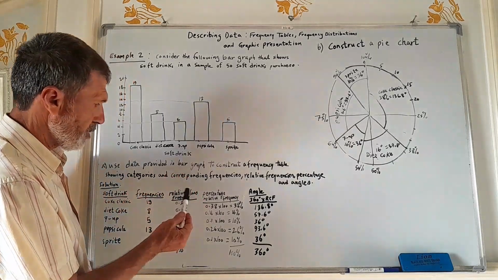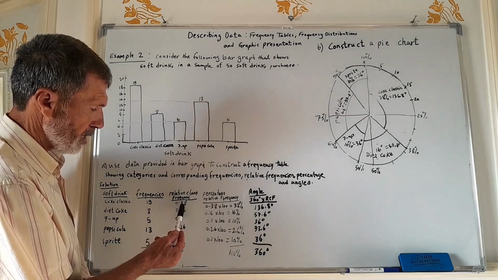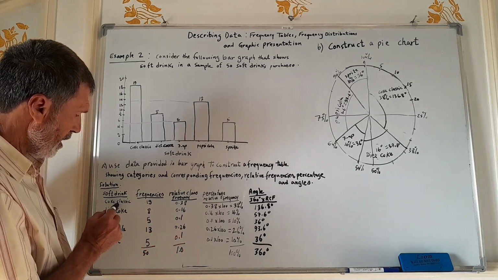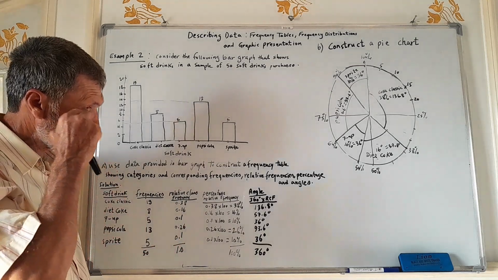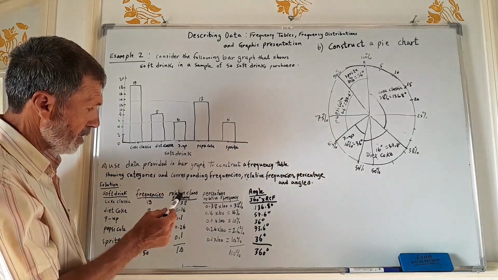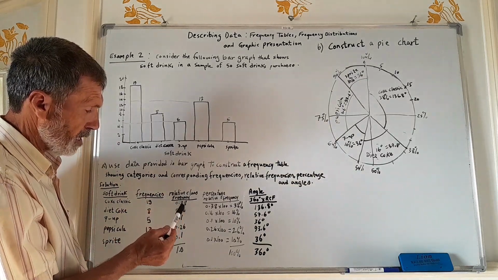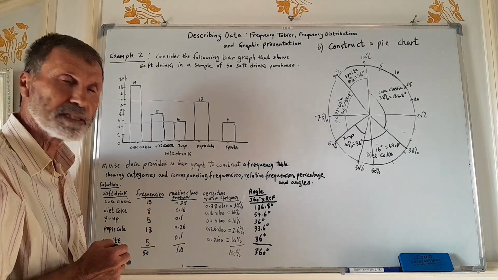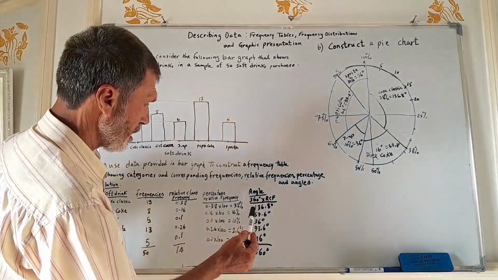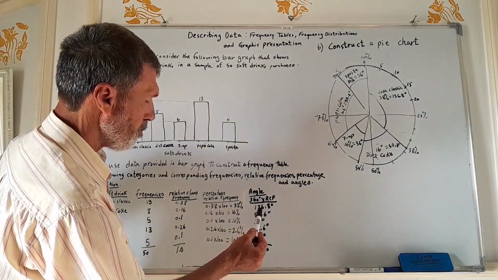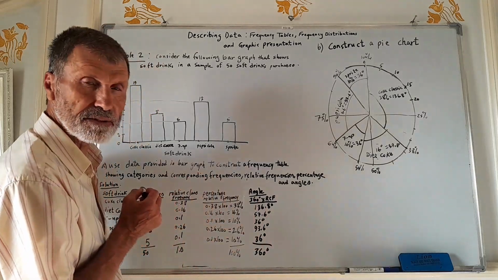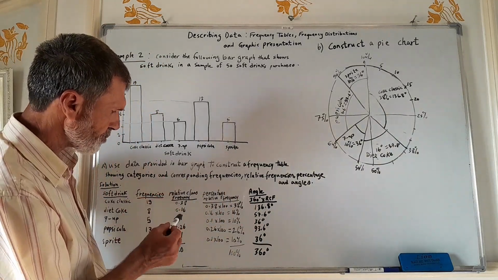So here the relative class frequency is 0.38. To find the angle for Coke Classic, multiply the relative class frequency 0.38 times 360, and we come up with what? 136.8 degrees. The same thing.